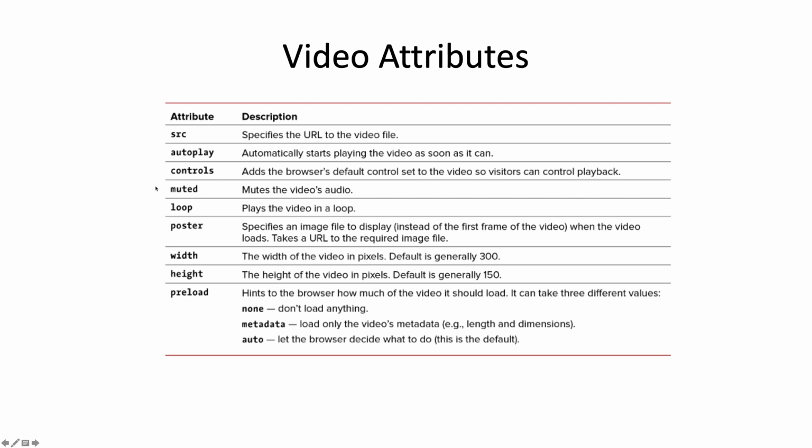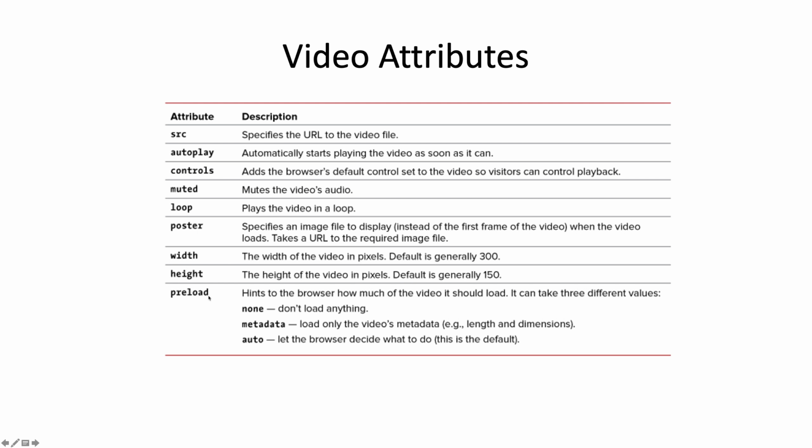You can also mute, that means by default it will not have any sound. You can have a poster, which will be the image that's displayed before the video is played. You can set the width and height, just as you can set for an image. And finally, you can say whether you want to preload or not.